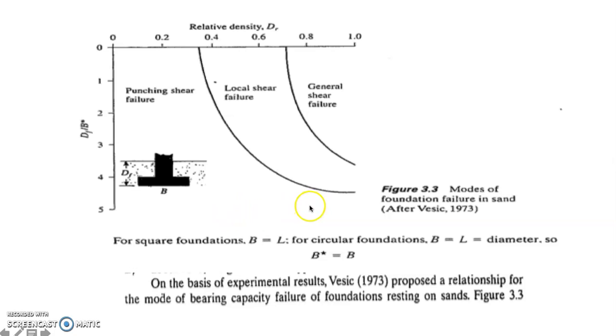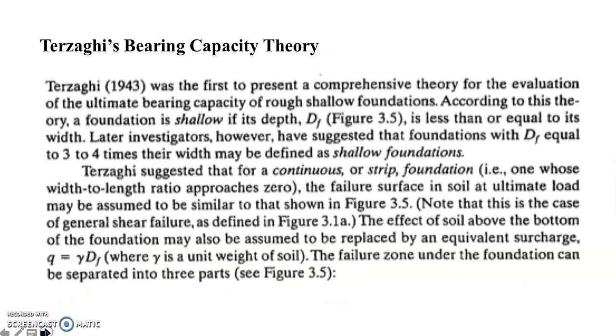This was also conducted by Vesic in 1973. For a square foundation, B is equal to L. For a circular foundation, B is equal to L, which is equal to the diameter. This is an experiment that was conducted by Vesic.